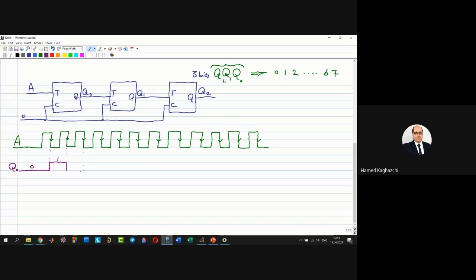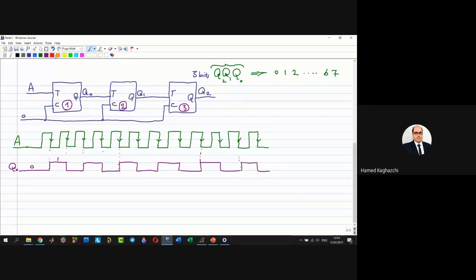Again at this downward edge, again at this downward edge, at this downward edge. This Q0 is the output of the first flip-flop. For example, if this is the first flip-flop, second flip-flop, third flip-flop, this output is Q0.